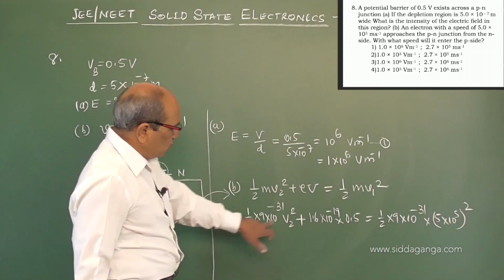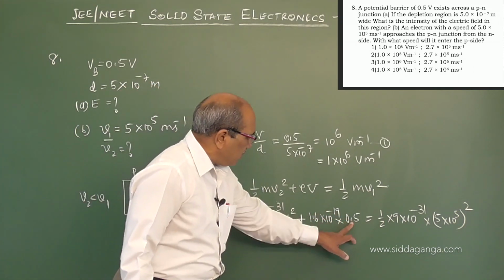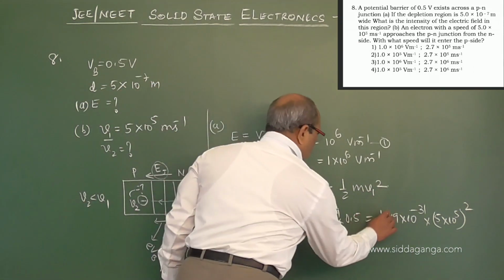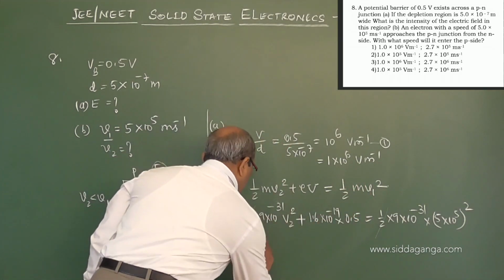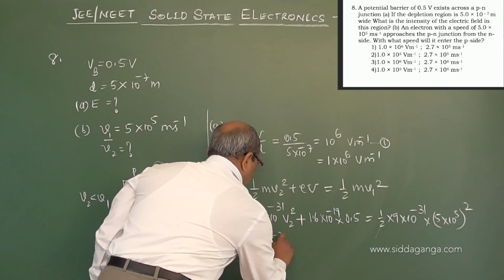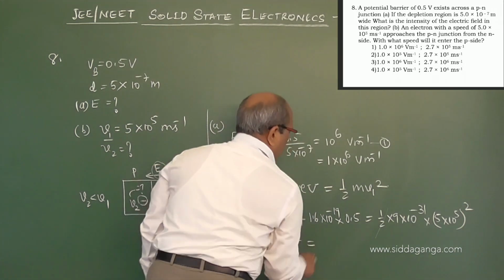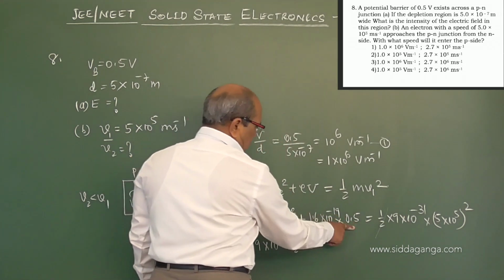I can take this 2 to the other side, so this becomes 1 and this 2 cancels. When you cancel these 2, you have to multiply it by 2. What happens here is 9 into 10 power minus 31 V2 square is equal to 2 multiplied by 1.